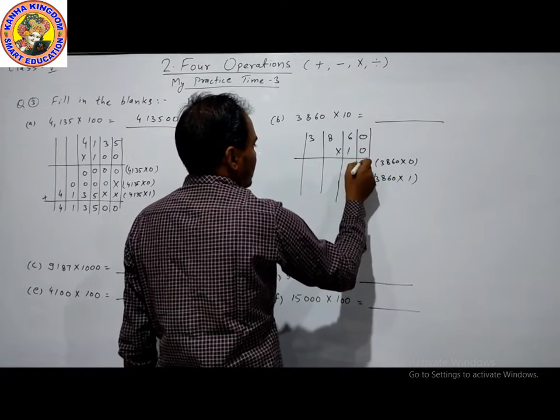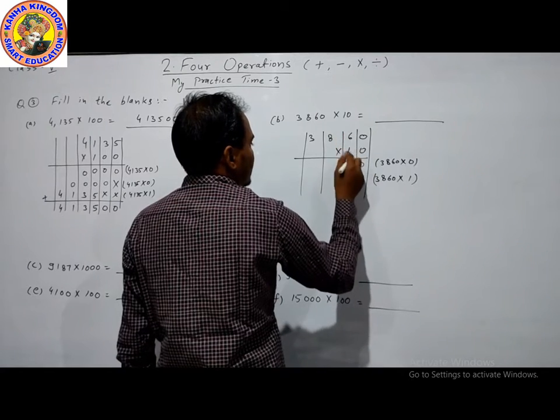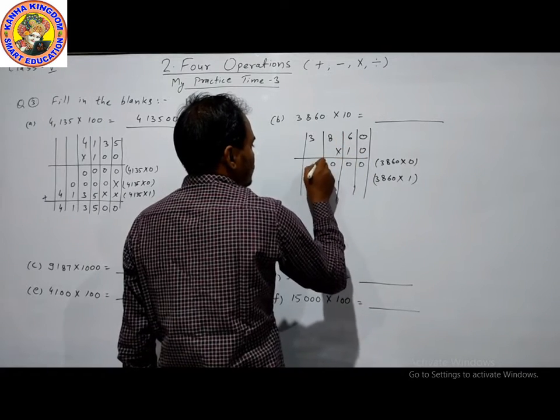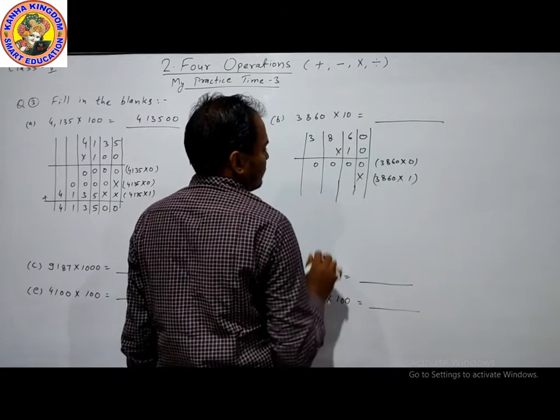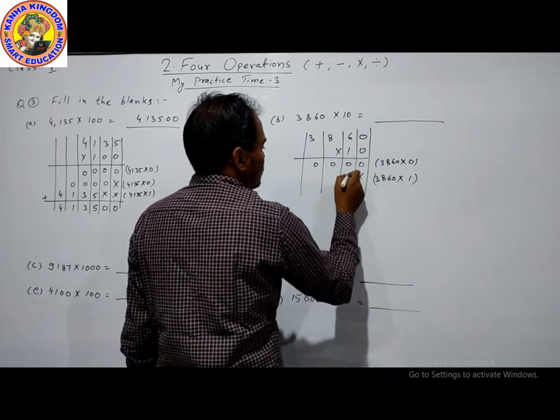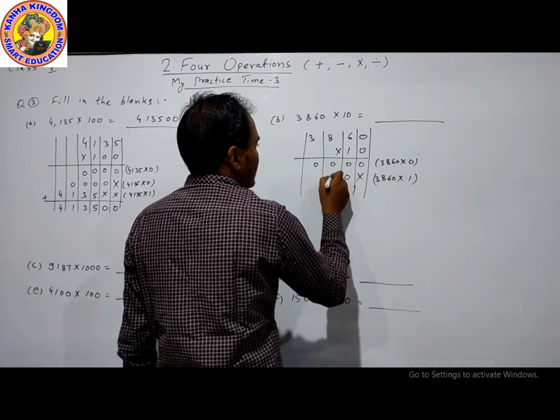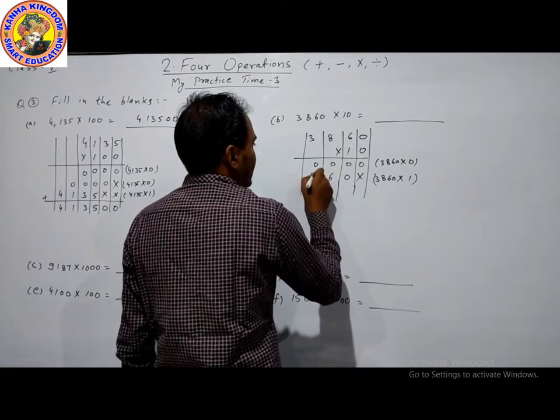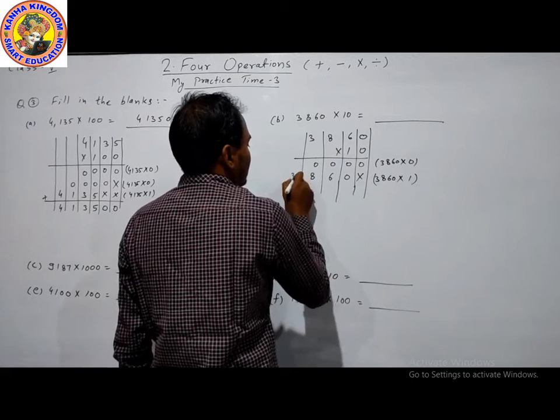Now 0 into 0, 0, 6 into 0, 0, 0, 0. Leave the 1 blank space. 1 into 0, 0, 1 into 6, 6, 1 into 8, 8, 1 into 3, 3.